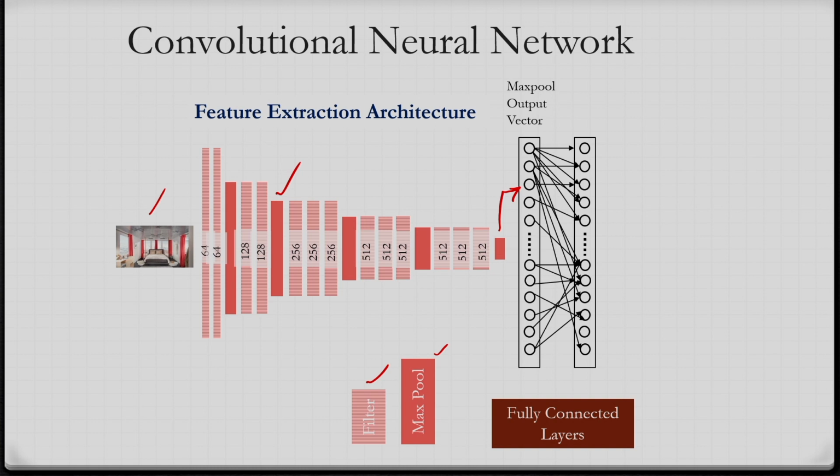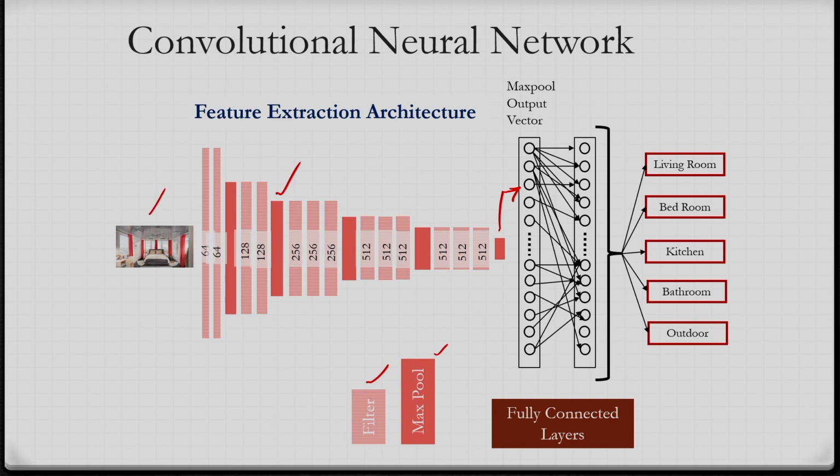For learning we can use the backpropagation technique. We can adjust the parameters of these layers by the process of backpropagation learning. The final max pool layer is converted into a 1D vector, and after this we can consider the fully connected layers.